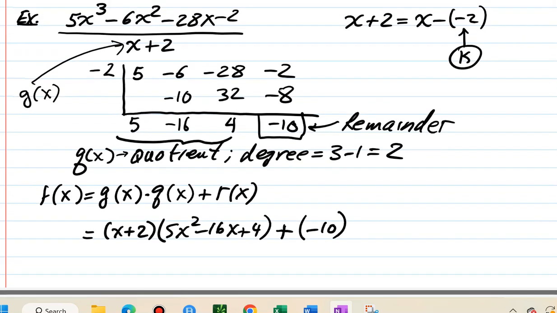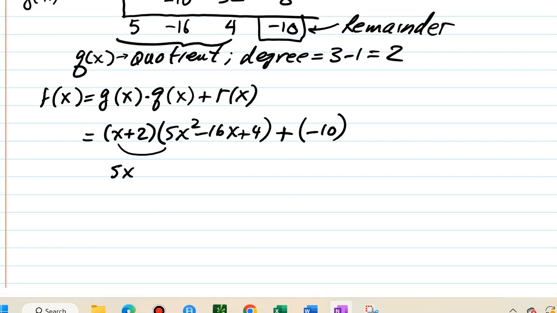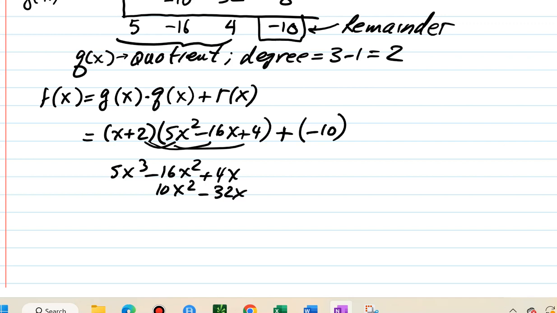And that's how we can write it. And you can try it if you distribute here. Let me do that real quick. I get 5x cubed minus 16x squared plus 4x. That's when I distribute x to all three terms, then distribute 2: 2 times 5 is 10x squared, negative 32x, 2 times 4 is 8, minus 10.